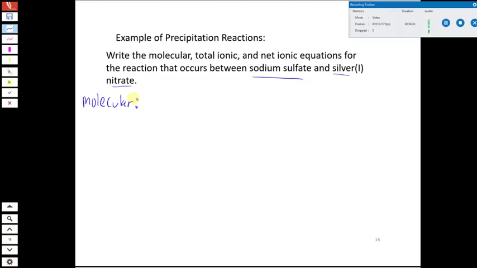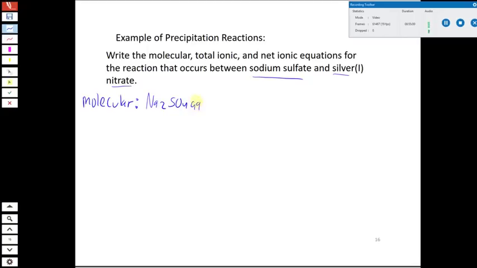So we have sodium sulfate. We need to be able to take name to formula. So sodium is Na+, sulfate is SO4 2-, and so the correct formula for sodium sulfate then would be Na2SO4. We need 2 sodium cations to balance the 2- charge from the sulfate. So again, don't forget our nomenclature that we learned a while ago.